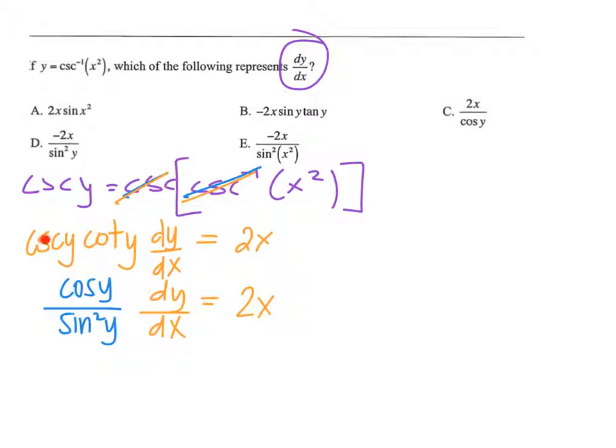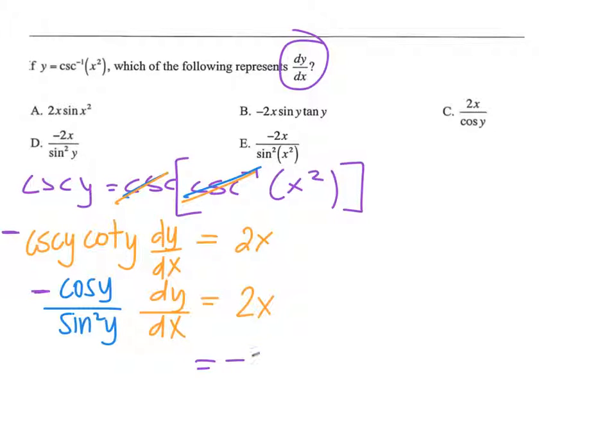Simplifying here, this is 1 over sine, and this is cosine over sine, so it's cosine y over sine squared y times dy/dx. Oh, wait, time out. Derivative is negative. Sorry. There we go. The derivative of cosecant y is negative cosecant y cotangent y. Hopefully you caught that. So let's multiply both sides by the reciprocal to get dy/dx by itself.